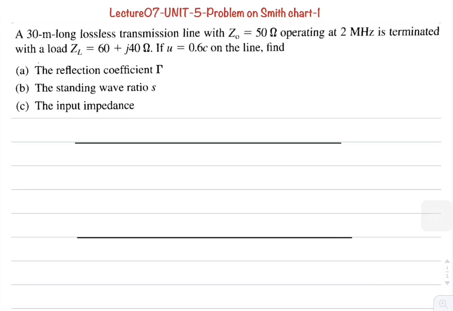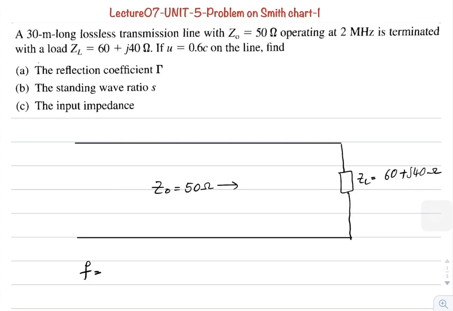So this is a transmission line whose characteristic impedance is 50 ohms. So Z0 equal to 50 ohms. Load is connected at this end and the load value is ZL equal to 60 plus j times 40 ohms. He also gave the operating frequency, that is 2 megahertz.